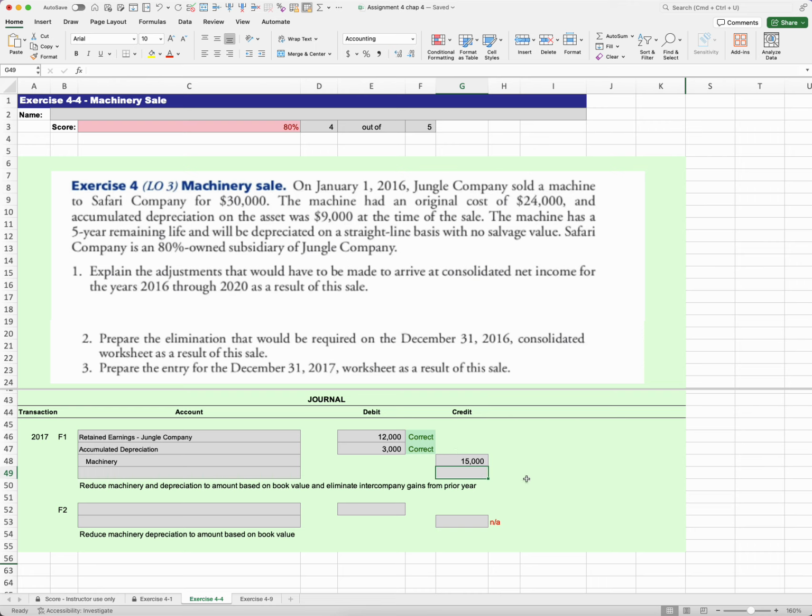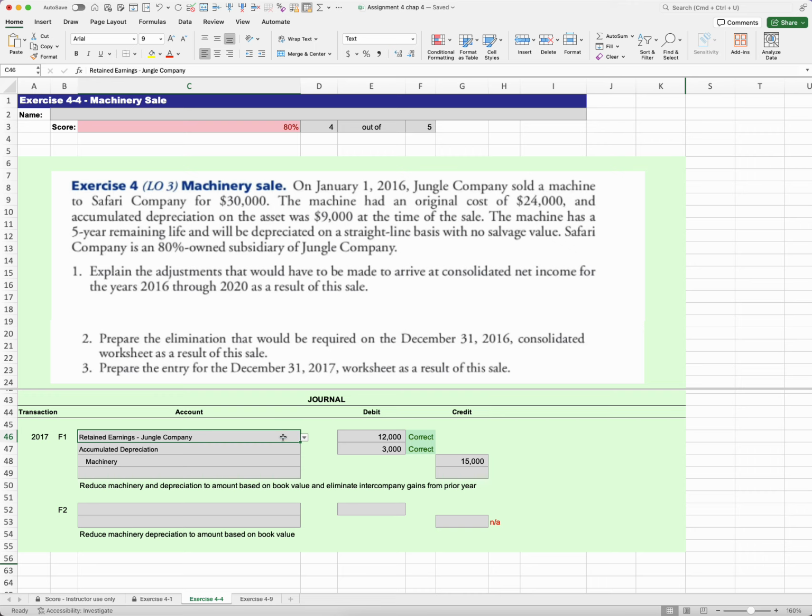I also want to mention that Jungle is actually the parent company, right? Safari is owned by Jungle, so the portion here, the seller, right? It was sold by Jungle, so the seller was the parent, and the seller gets to get their retained earnings reduced.